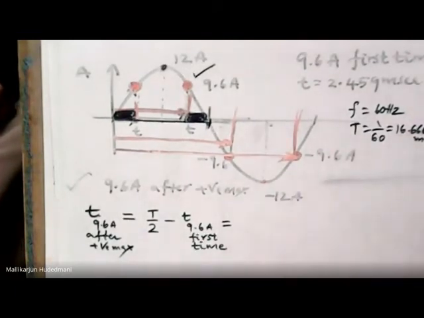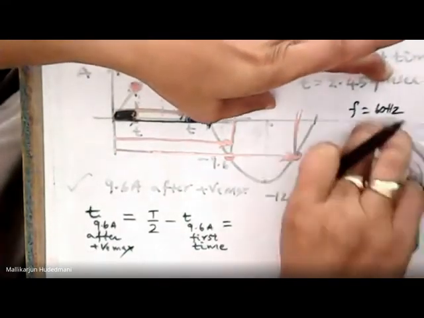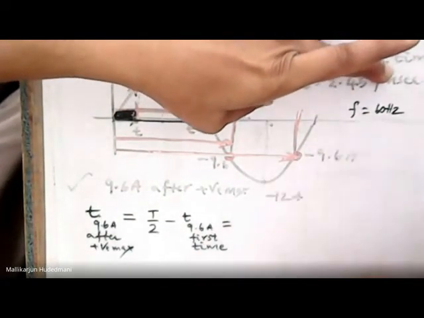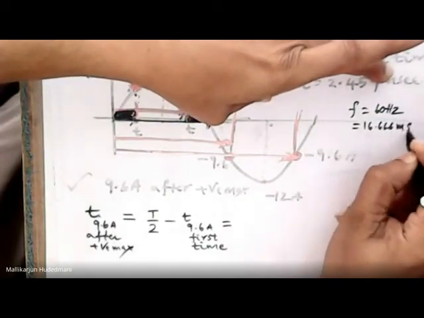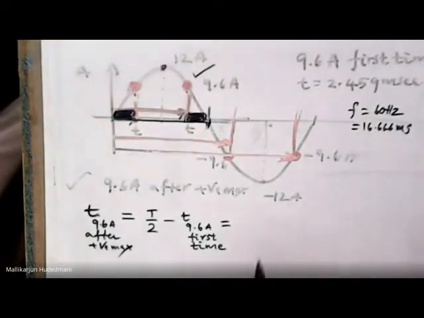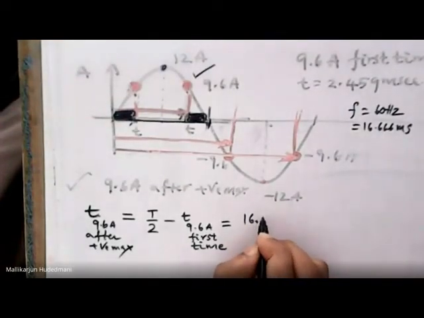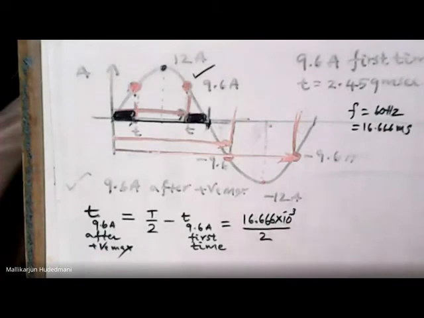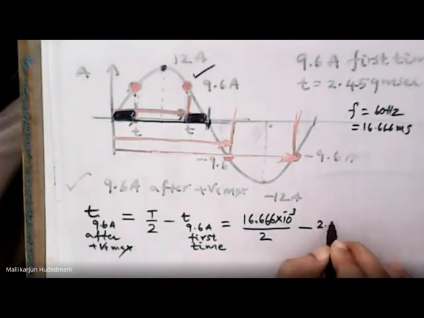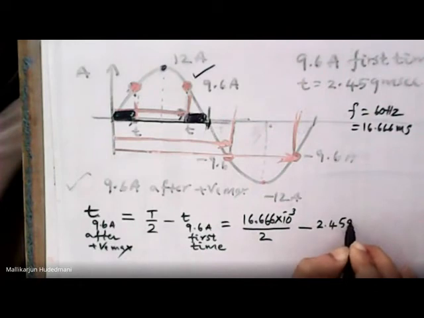Let me write here once again: that is 16.666 ms. Then I'll be using this as 16.666 into 10 to the power minus 3 divided by 2, minus the time for first time, which we got as 2.459 into 10 to the power minus 3.